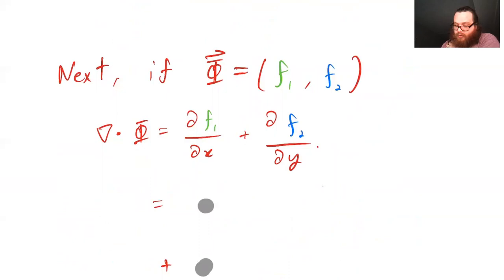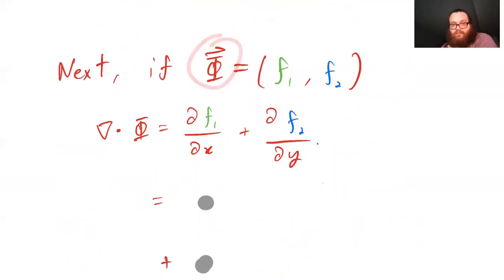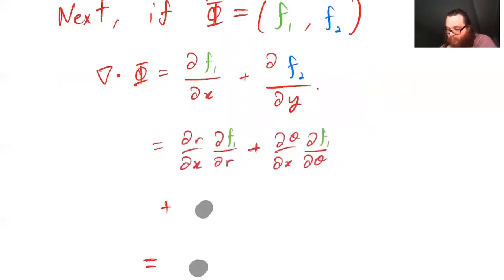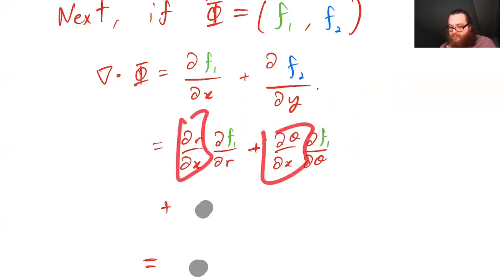So what about divergence? Well, recall you have a vector field phi. It has two pieces, f1 and f2. The divergence of phi is going to be how f1, the first component of the vector field, varies with respect to x, plus how the second component of the vector field varies with respect to y. So what was d/dx in terms of polar coordinates? This expression, where we haven't yet plugged in for dr/dx and dθ/dx.